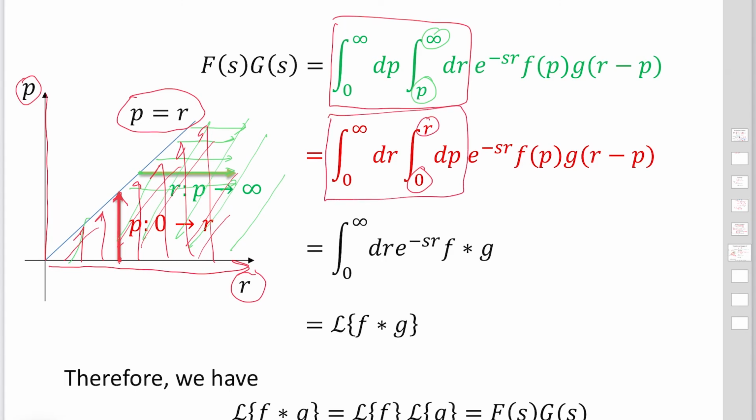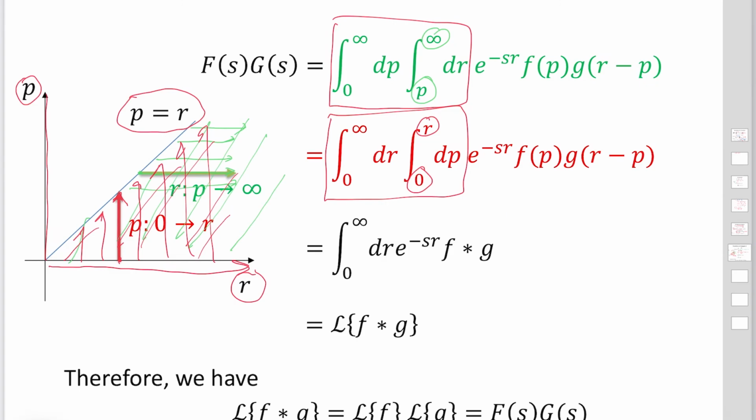So we change the order of the double integrals. In the green case, integral with respect to r first, and then integral with respect to p later. And in the case of the red double integral, integral with respect to p first, and then integral with respect to r later.